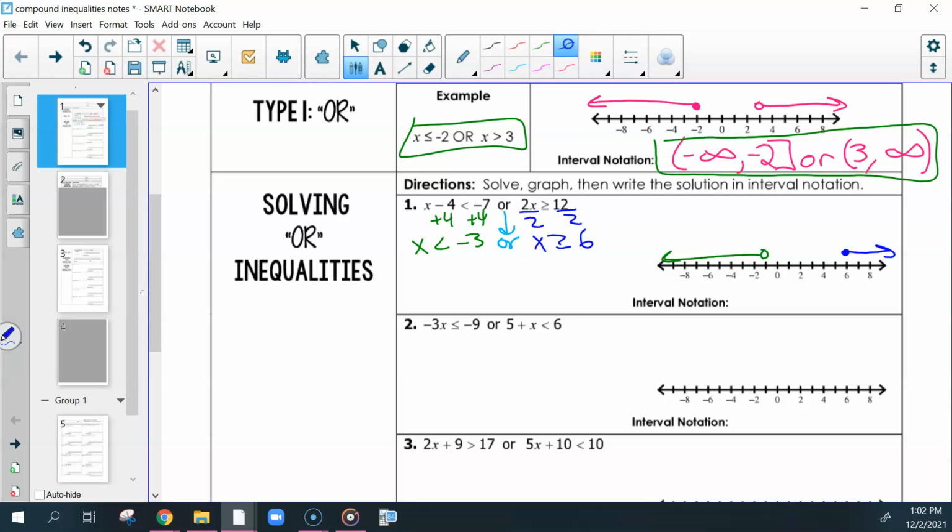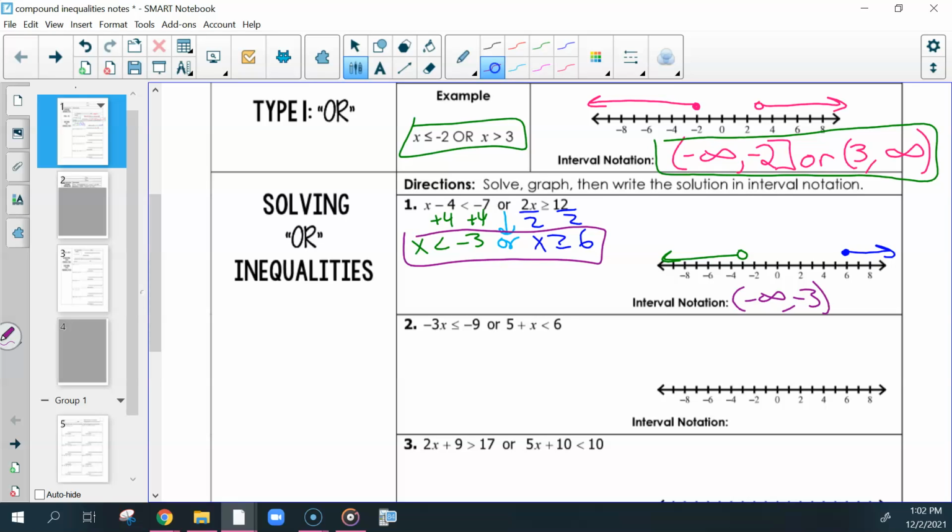So this would be our solution set. And then we could write this in interval notation. It's going to start at negative infinity and go to negative 1. I'm sorry, negative 3. I drew that incorrectly. That should be right here. It is an open circle, so it is not included.